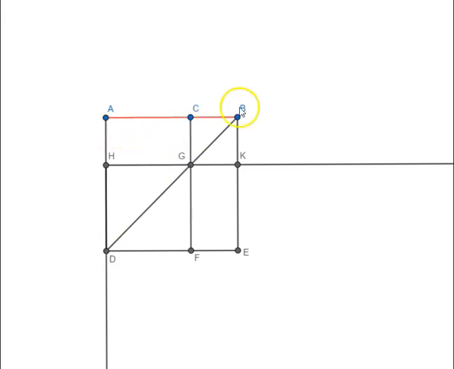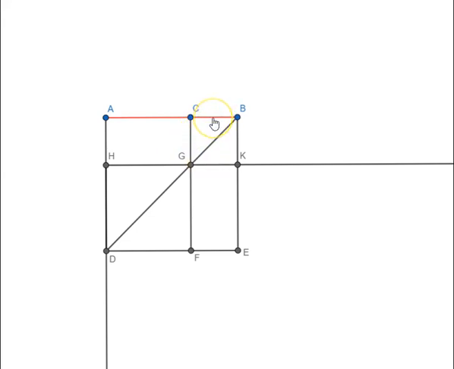Since CGB is equal to ADB and ADB is equal to ABD, that means CGB is equal to CBG. Okay. So these two angles are equal, which means that these two sides are equal. BC is equal to CG. Sides opposite to equal angles are equal.